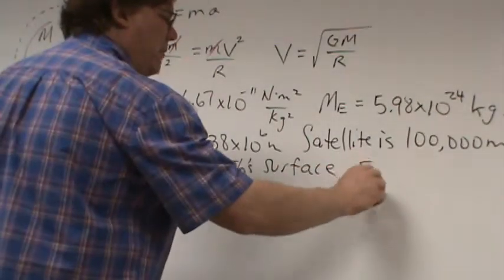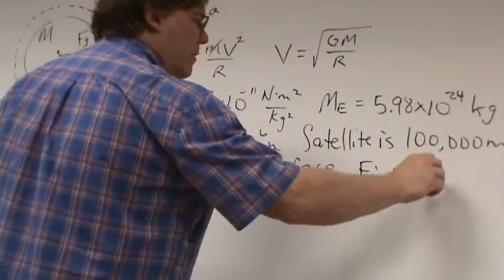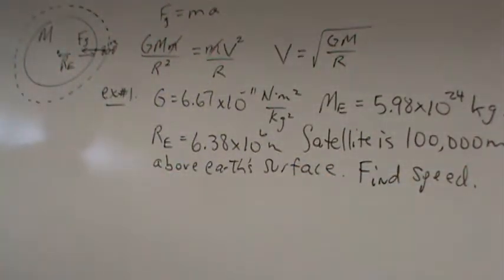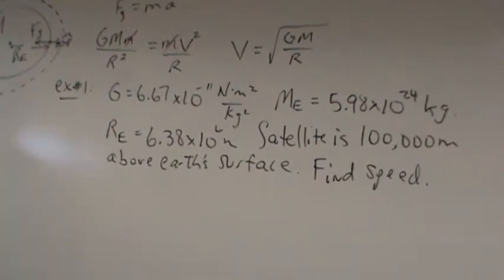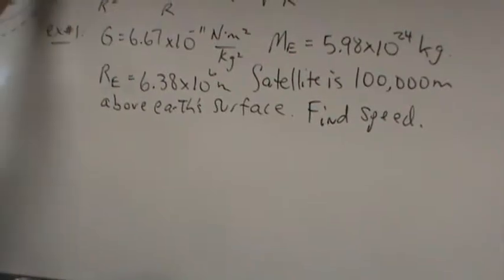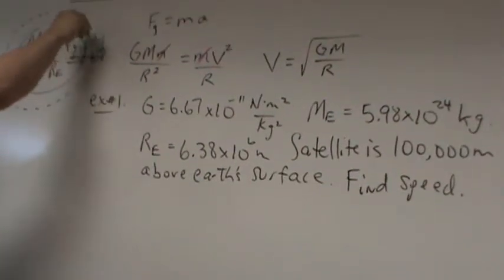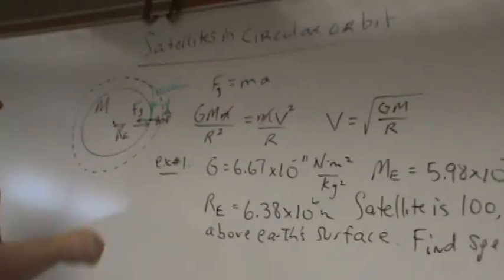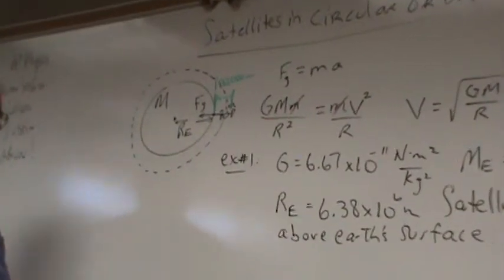I'd like you to find the speed. So go ahead and do the punchy and let's see what happens for you. And I just want to show you visually, many of you have already started, but visually, this distance is 100,000 meters, the distance of the satellite above Earth's surface.